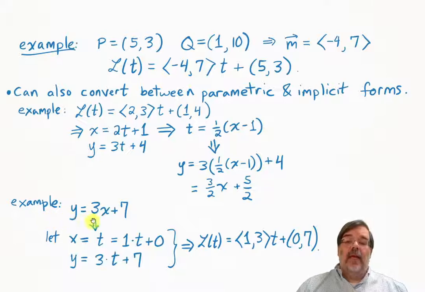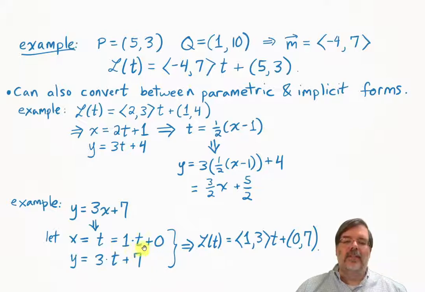Similarly, if you have an equation in implicit form, and you've just decided that you really like parametric form, here's how you convert it. There's lots of ways you can convert it. One way would be, say, let x equal t. We'll write that in the strange but useful form 1 times t plus 0.